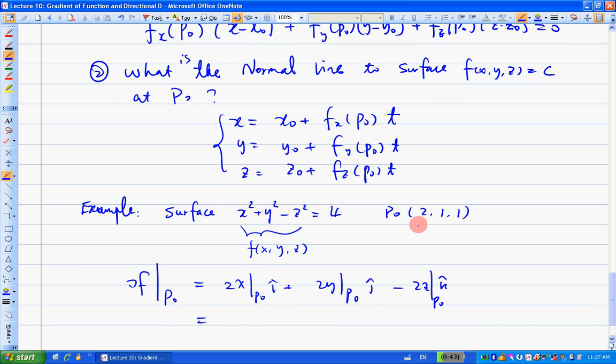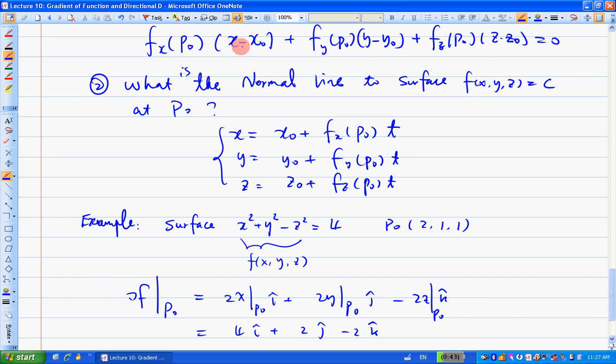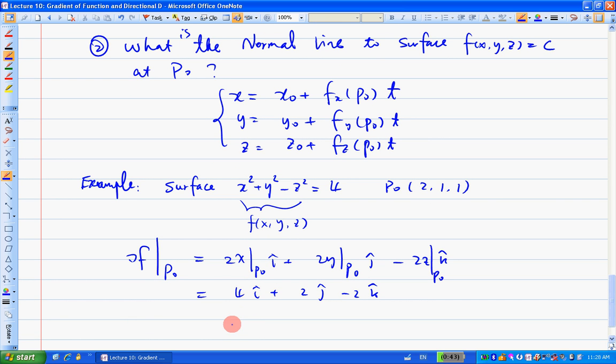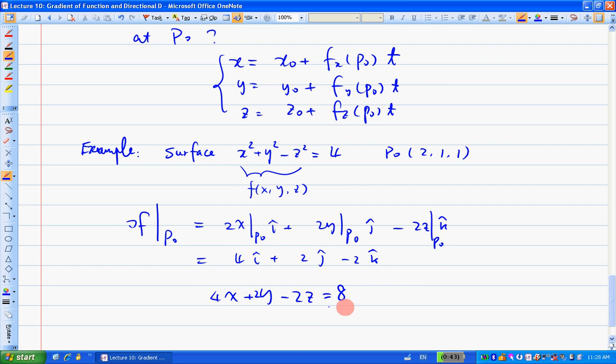So plugging in the x, y, z values, we get 4, 2, negative 2. So that's the normal vector. And all you need to do now is just plug in over here. So you do that yourself, okay? Try to find it. My end plane equation is this.